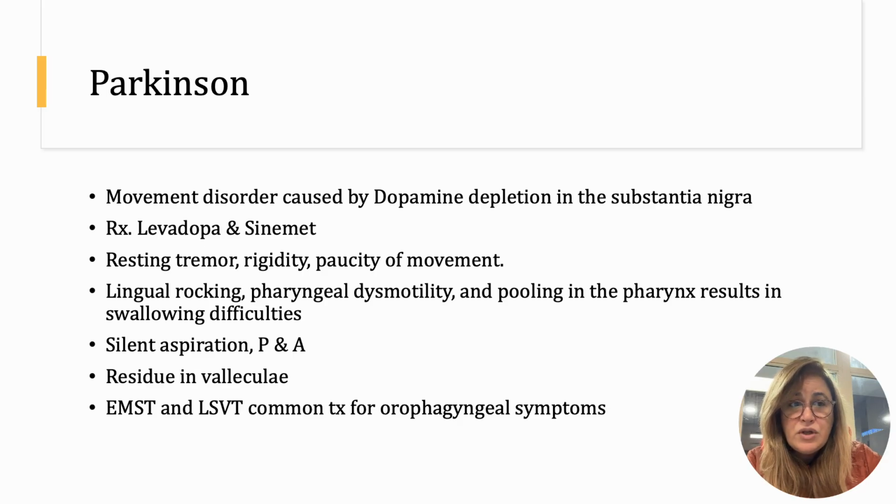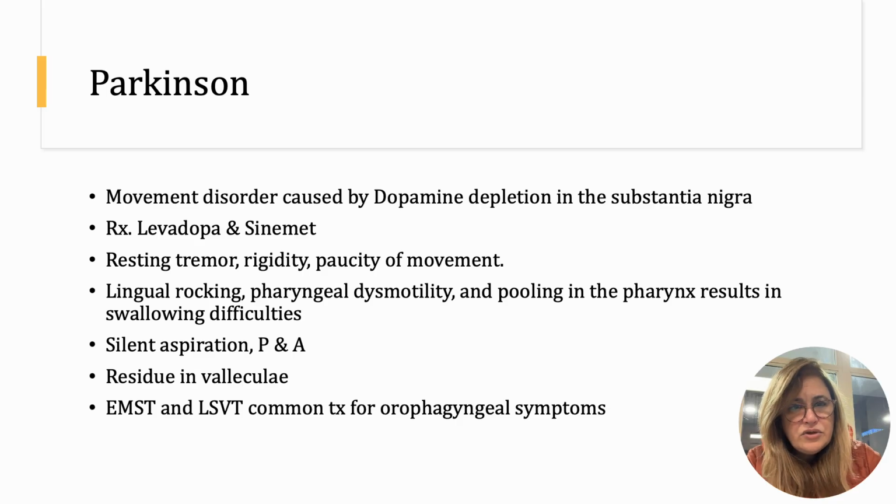So that lingual rocking of their tongue, that tremor, is happening there, and the pharyngeal dysmotility, because that motor control is affected, and then pulling in the pharyngeal area, resulting in that dysphagia that we need to help and work.